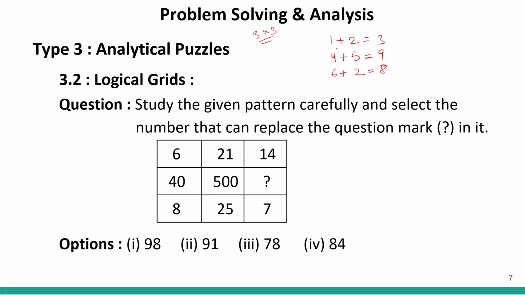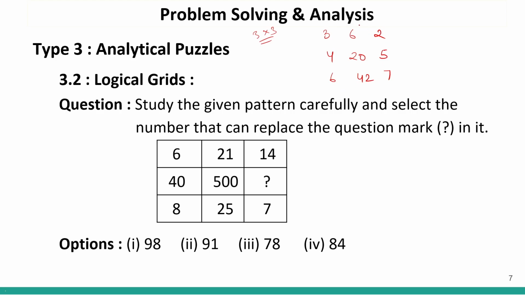Now, if I say you have something like this: 3, 2, 6, 4, 5, 20, and 6, 7, 42.